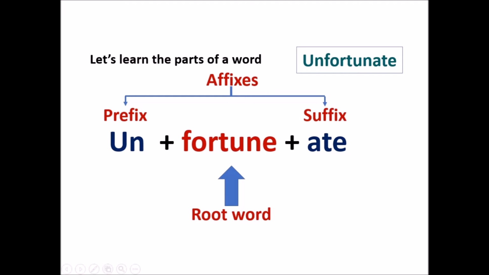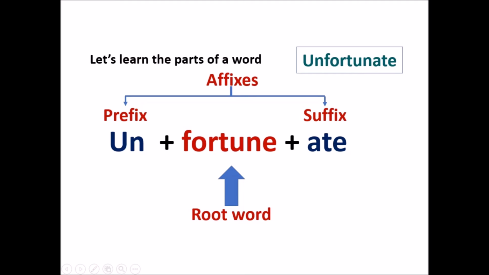Now I have shown here an example. Unfortunate. Easily you can find out the root word, fortune. We have added a prefix, un, and a suffix at the end, ate. Unfortunate.